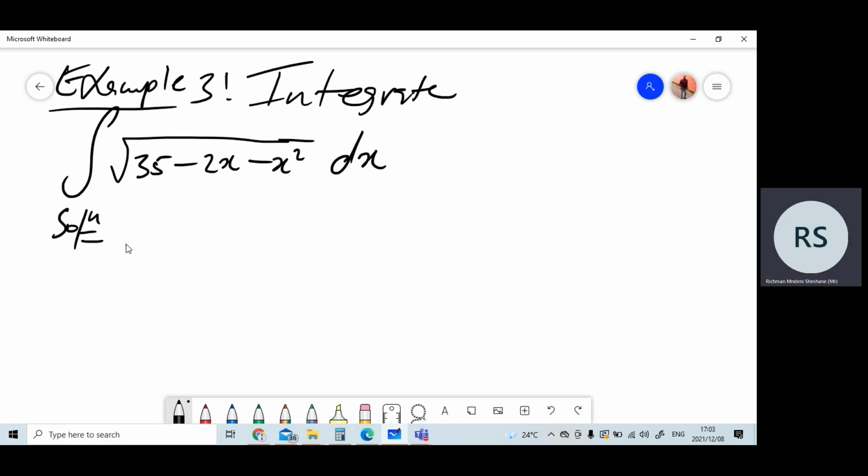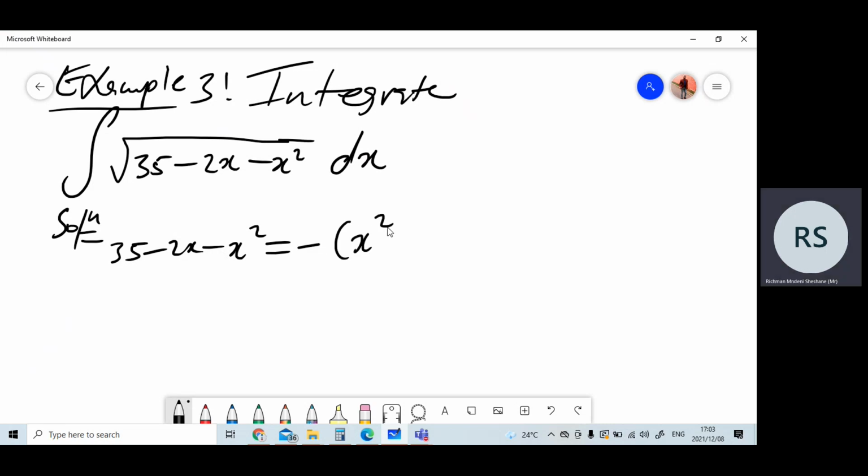You need to take your quadratic, 35 minus 2x minus x squared, and complete the square. Always when I complete the square, I want to make sure the coefficient of x squared is 1. So we have minus 1 here, so we take the minus out as a common factor.